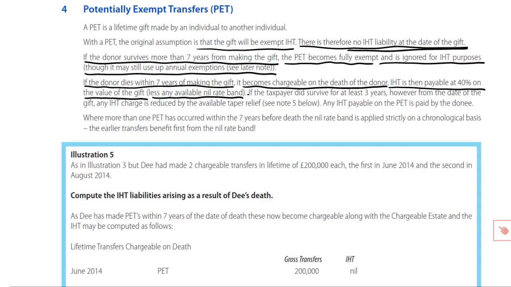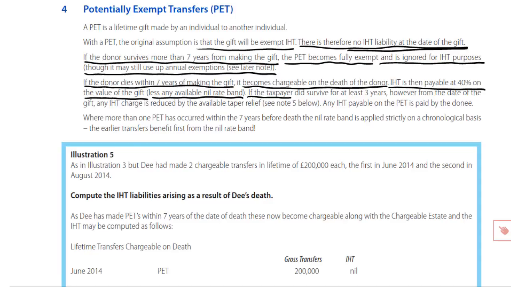But if those lifetime transfers, those PETs made within the 7 years of death, exceed the available nil rate band of 325, then anything going above that 325,000, or indeed up to 650,000, if the surviving spouse has the previously deceased spouse's unused nil rate band to enjoy as well, anything above the nil rate band would then be taxed at 40%.